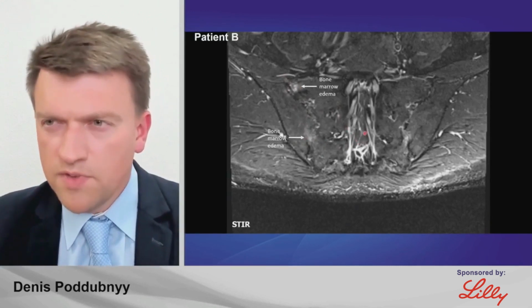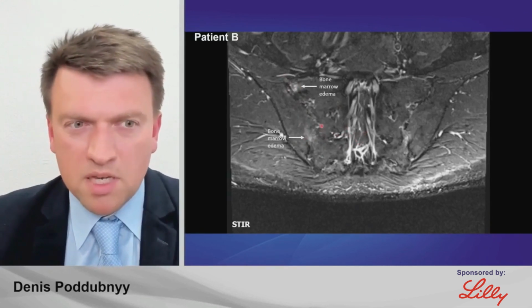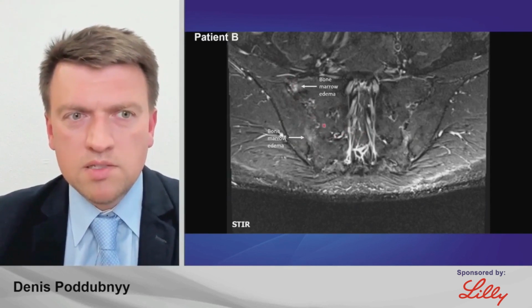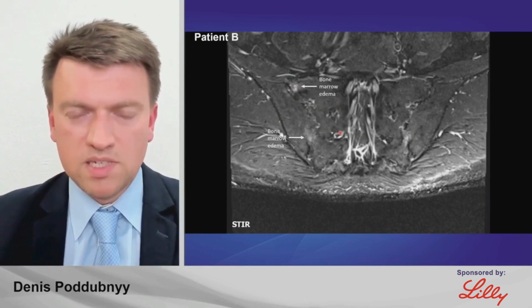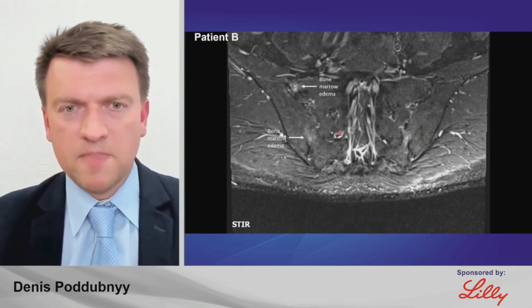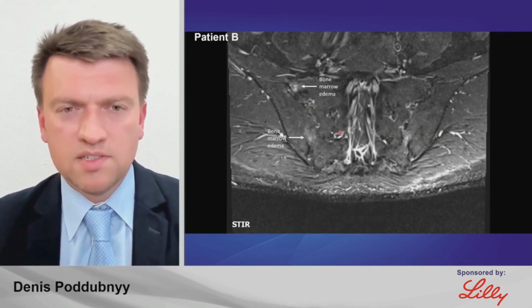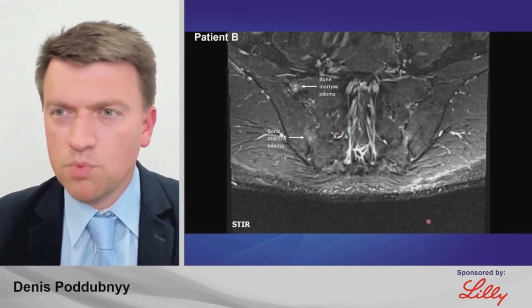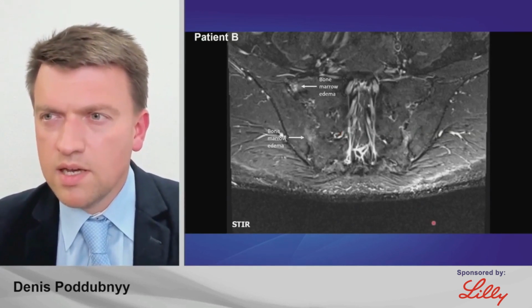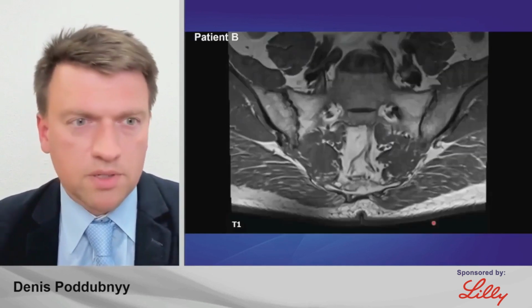So this is not very convincing, and it is a big question now. Is it bone marrow edema related to spondyloarthritis or not? And as we discussed previously, in such a situation, it is extremely important to look at the T1 weighted sequence to see if there are structural changes.